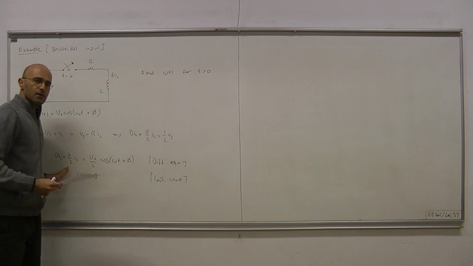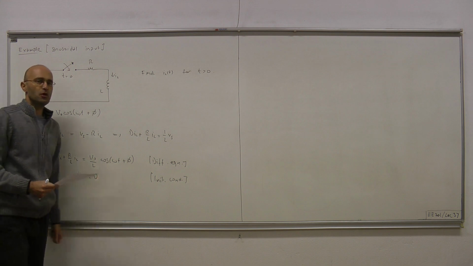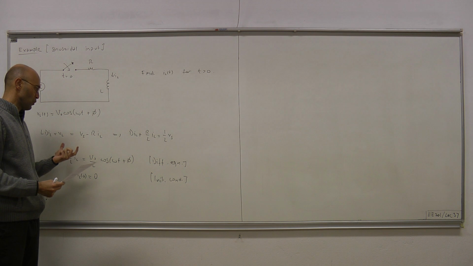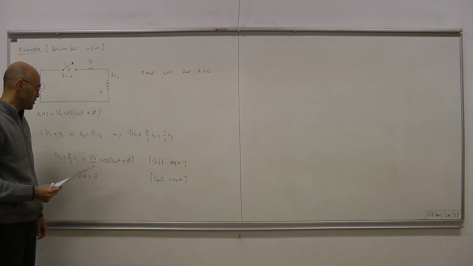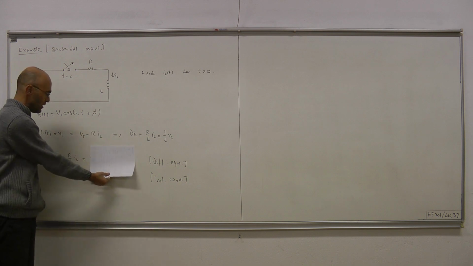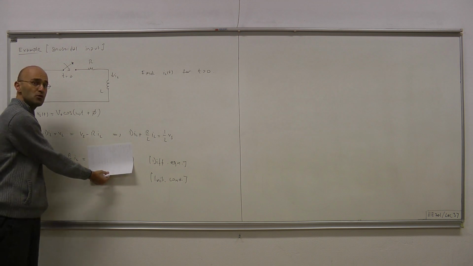So we have this differential equation with a non-zero right-hand side, therefore it's not homogeneous. That means the overall solution will have two pieces, the homogeneous part and the particular part. The homogeneous part is easy to figure out because all you have to do is ignore the right-hand side, the input. So what you have is dIL/dt plus R over L IL equals 0.